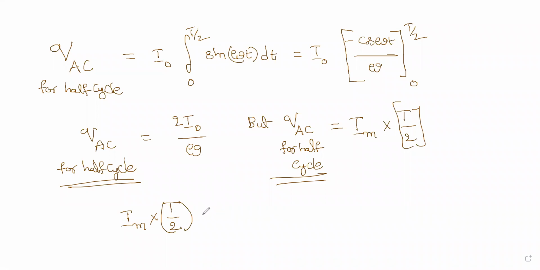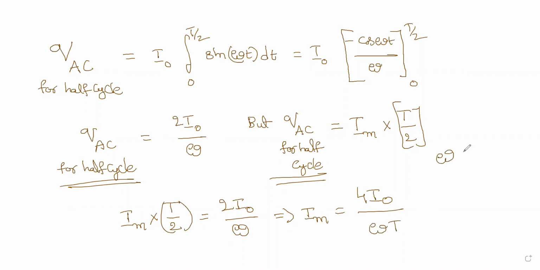So we equate these two. So I get 2 I naught by omega equals Im into t by 2. Omega is equal to 2 pi by t, so we'll use that substitution. So I get Im as 4 I naught divided by omega t.